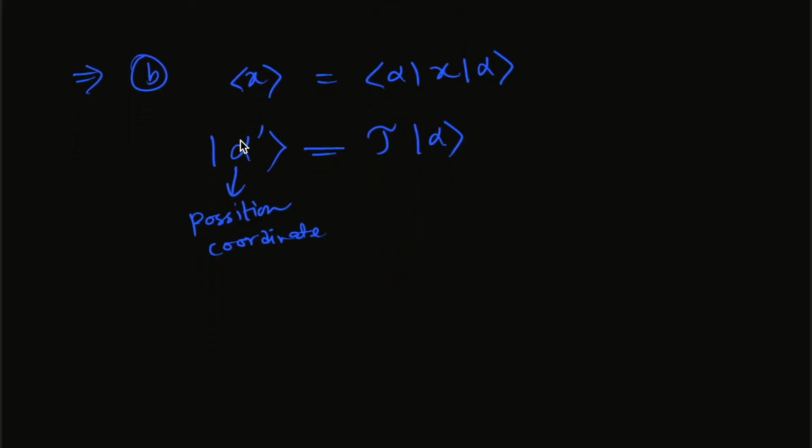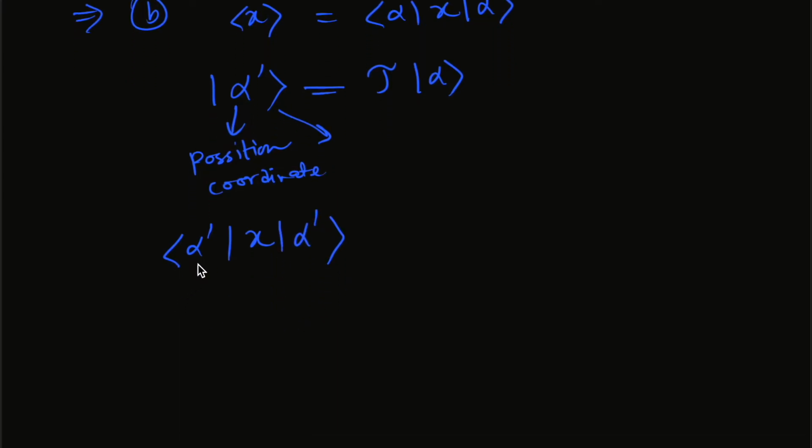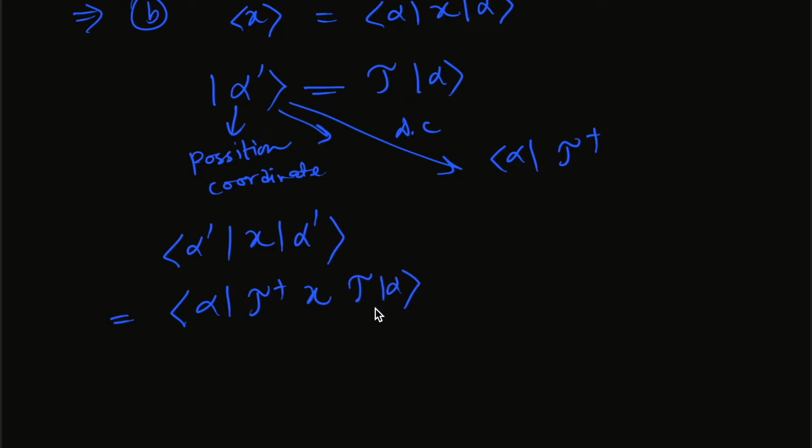What is the expectation value in this transformed state? That will be ⟨α'|x|α'⟩, and the dual of this state will be ⟨α|tau dagger. So ⟨α|tau dagger x tau|α⟩.